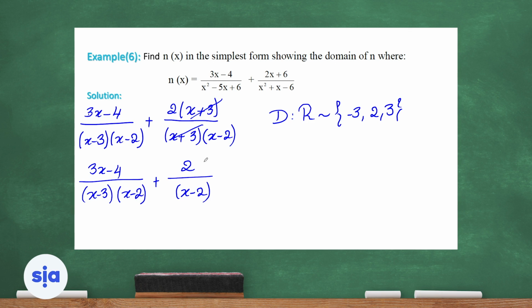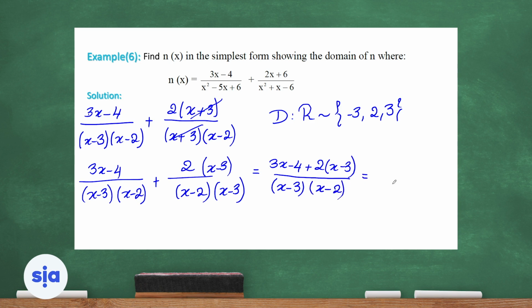Yes, we're going to multiply the second fraction by x minus 3 up and down in order to have the same denominator. So this will be equal to 3x minus 4 plus 2 times x minus 3 over x minus 3 times x minus 2.